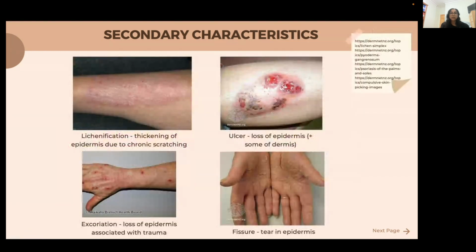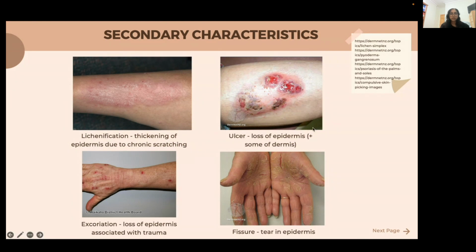Okay, and then some other secondary characteristics to be aware of and to be looking out for. Lichenification is thickening of the epidermis due to chronic scratching. In conditions like eczema in particular, when patients keep scratching the lesion, it can cause thickening of the epidermis, which we call lichenification.